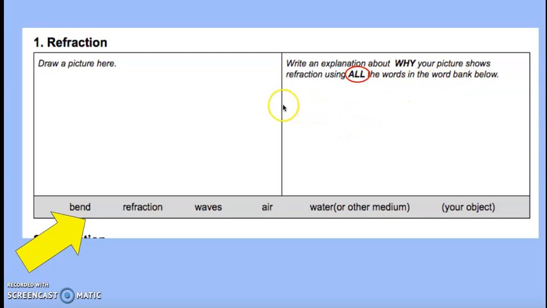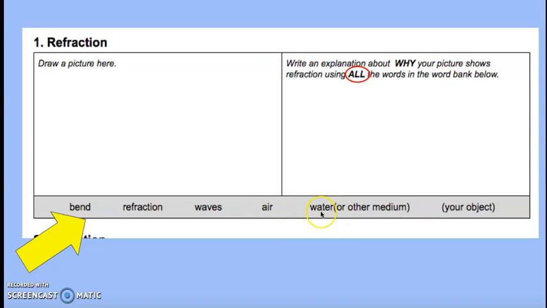So you are going to start out by saying, my picture shows refraction because, and you have to use the words bend, refraction, which you probably already did if you used a sentence starter, and waves. You have to use air and water or another medium. For example, maybe you did air and glass or air and plastic.